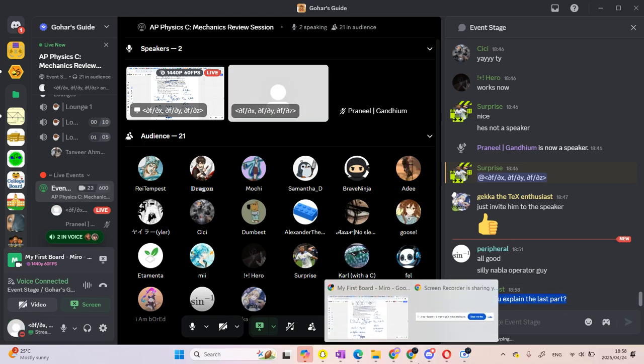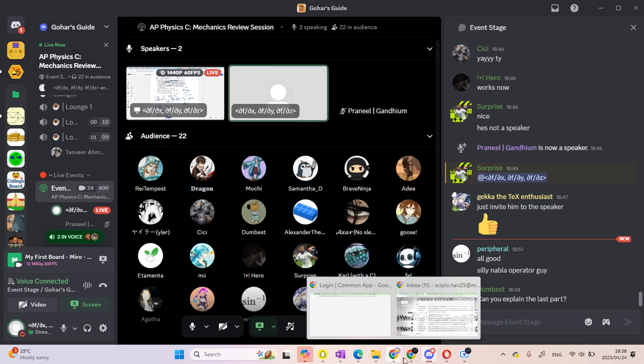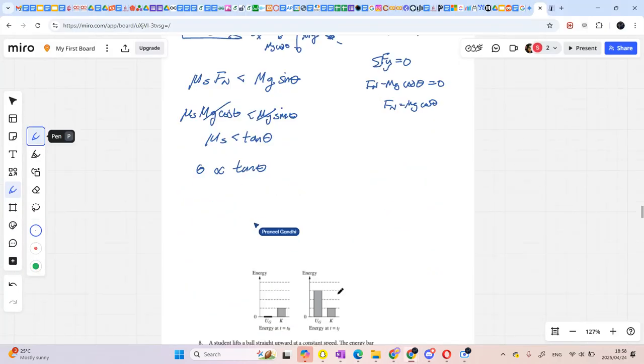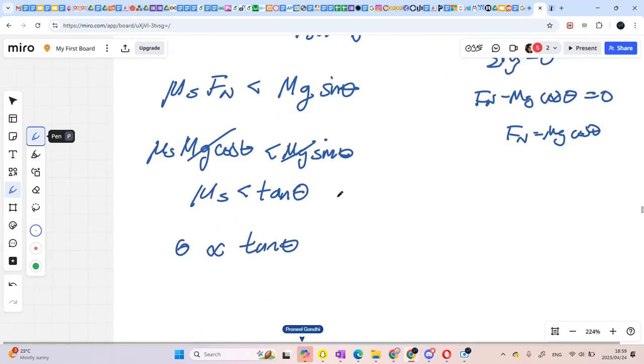So essentially, you mean how we got the conclusion part of it, the mu s? Essentially what happens in this last part is we figured out the dependency between the theta that's required for the block to begin sliding downwards. So the block begins sliding downwards when tangent of theta is greater than mu s.